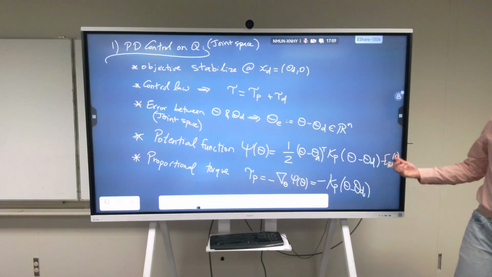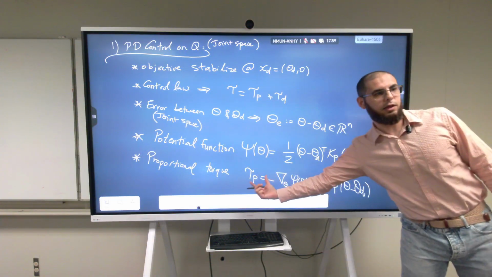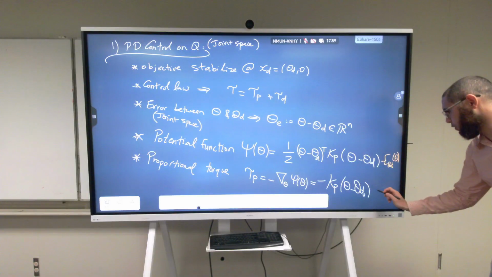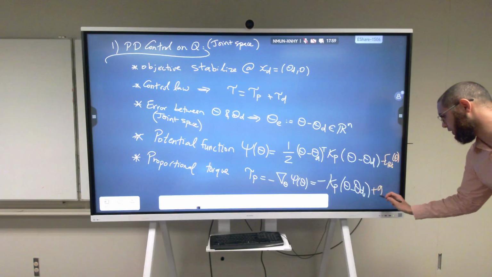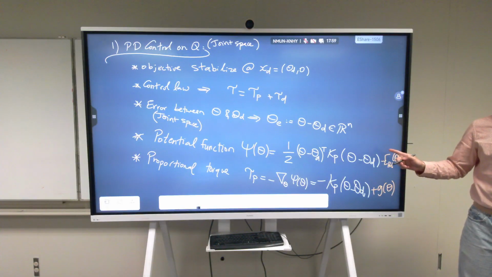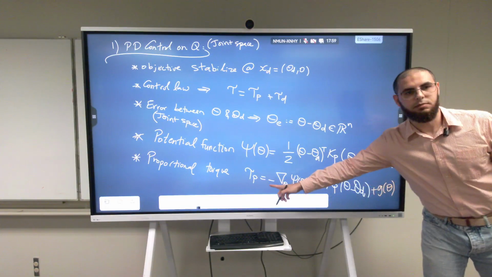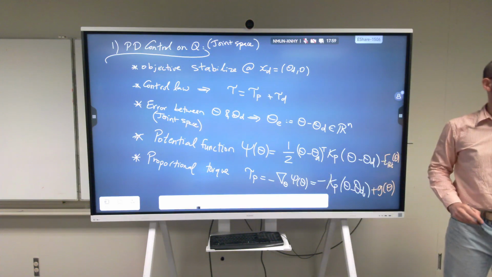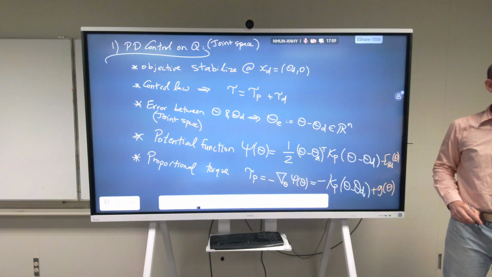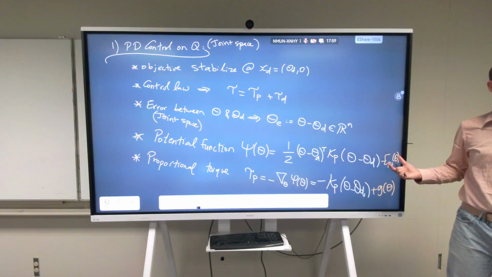And thus, when I take the gradient of this psi function with respect to theta, I get here also plus g of theta. Because the gradient of this is g, and I have minus, so minus the minus, I get the positive g. We just added E potential of theta. Why did we add it? E potential is the gravity.